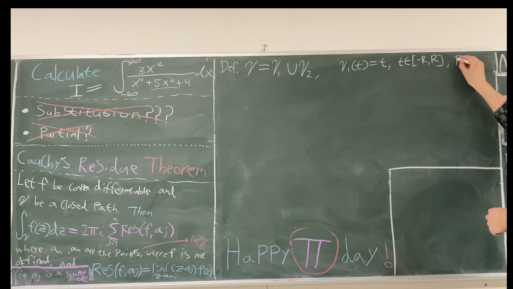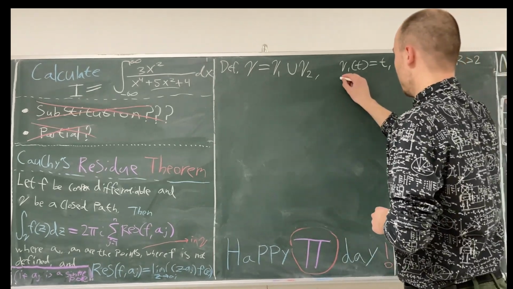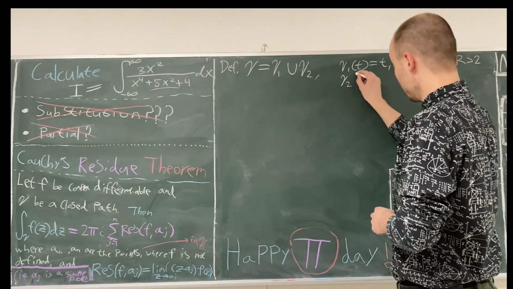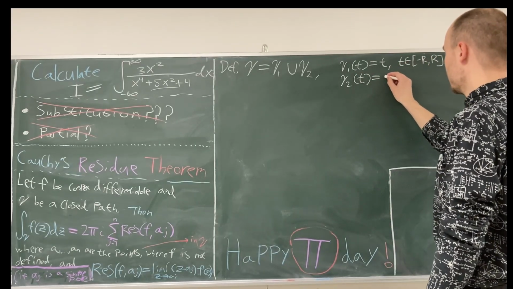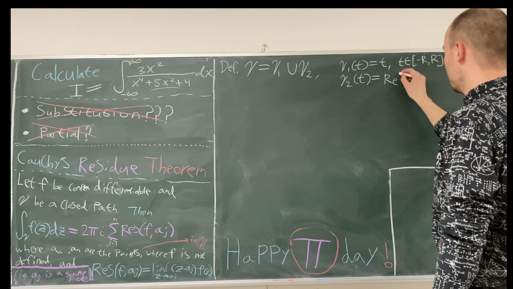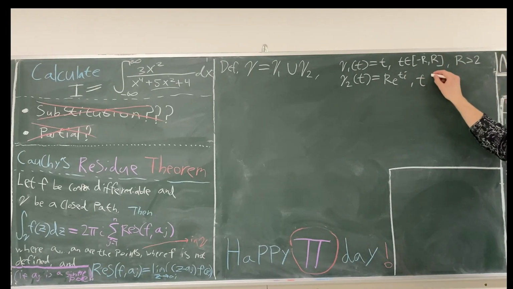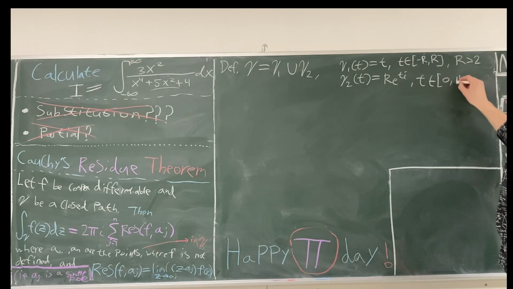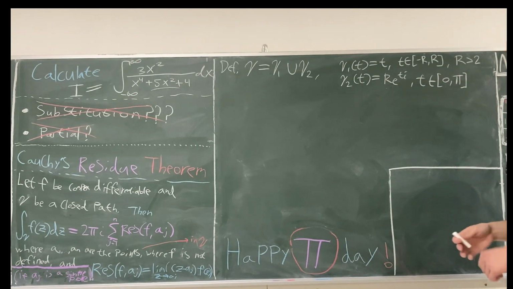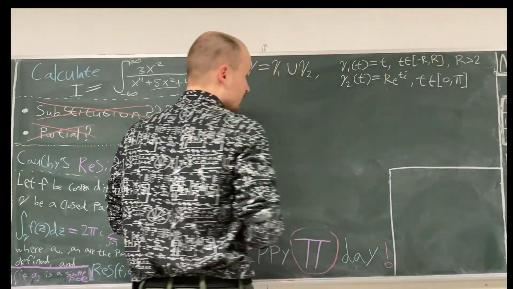And then I'll choose r as some real number bigger than 2. We'll see later why that will be important. And also we'll define gamma 2 as traversing a half circle with radius r. So t is going to run from 0 to pi, and gamma 2 of t is given by r times e to the ti.